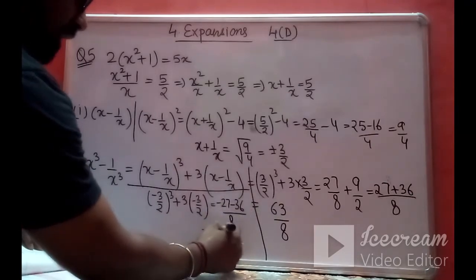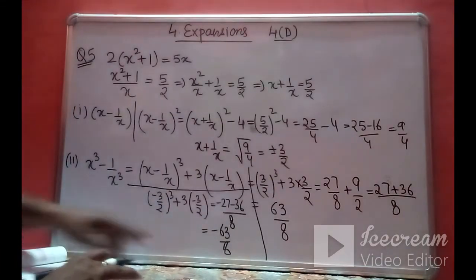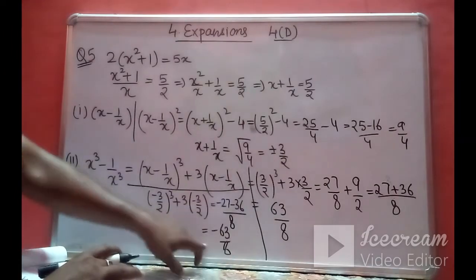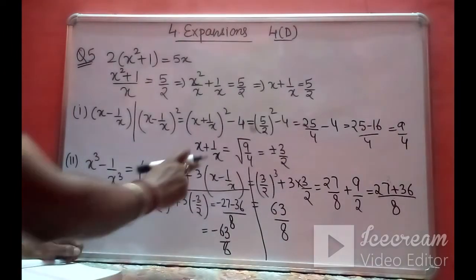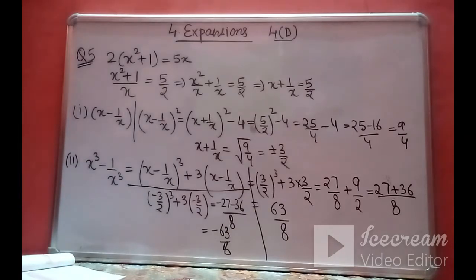So our answer is minus 63 upon 8. So these are the two values that we will get for this expression, 63 by 8 and minus 63 by 8. And here x plus 1 upon x is plus minus 3 by 2. Okay.